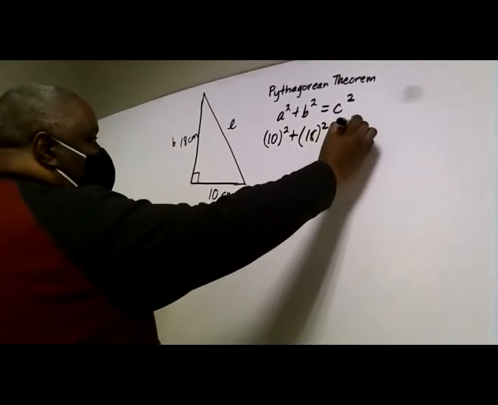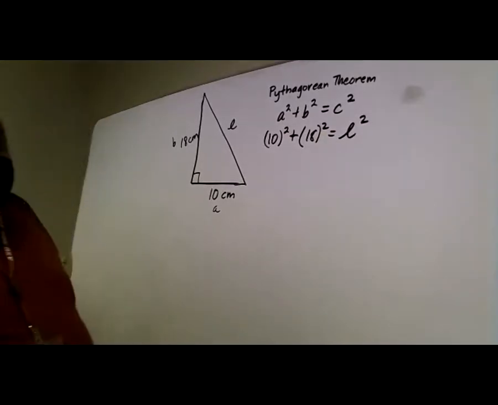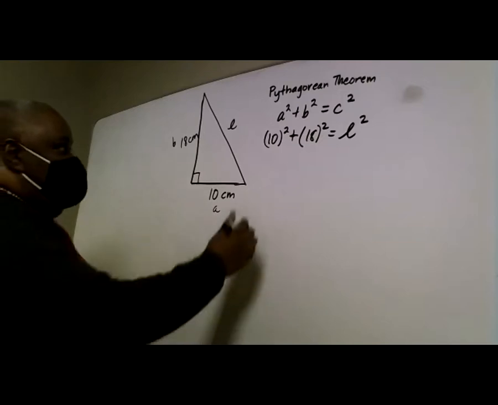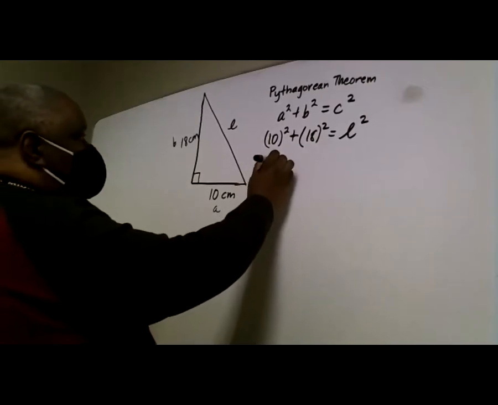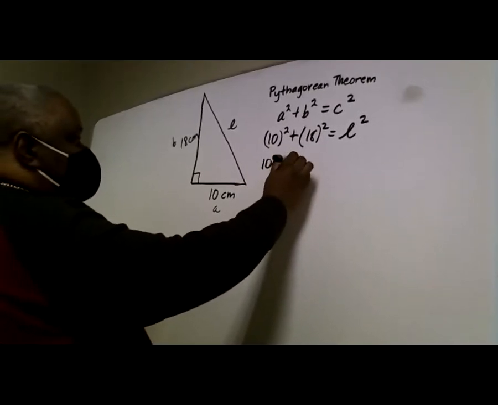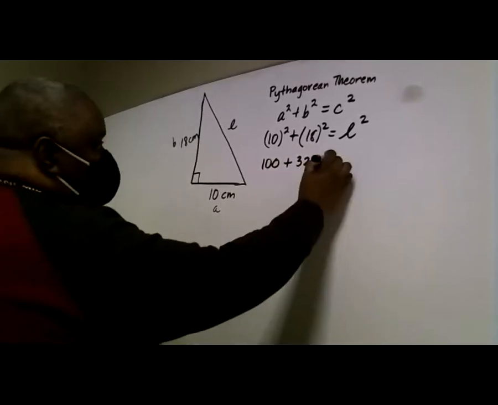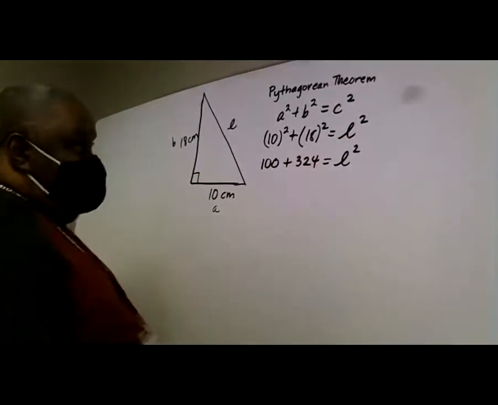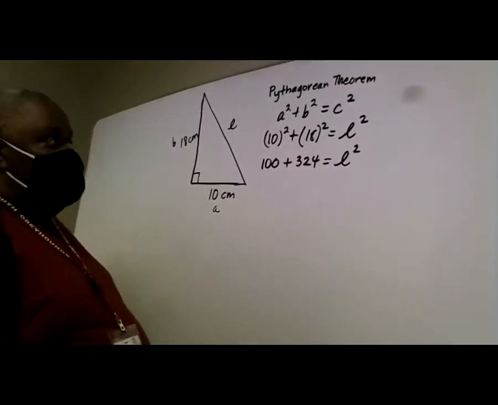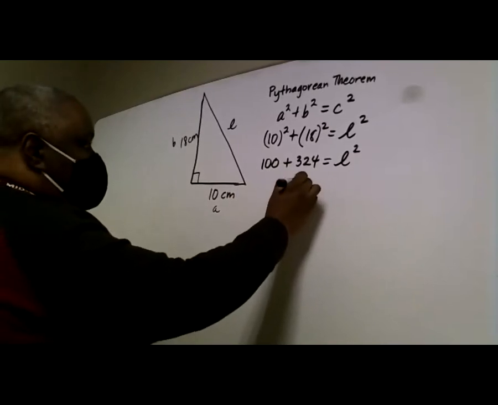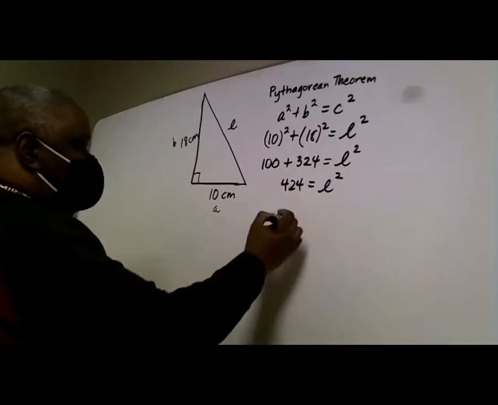And I'm going to let c be the L that we're looking for. And that'll be L squared. And now we simplify by squaring the 10 and the 18 here. 10 squared is 100. 18 squared is 18 times 18. That's 324. That's going to be equal to L squared. And then if I add 100 to 324, that would be 424. That's equal to L squared.